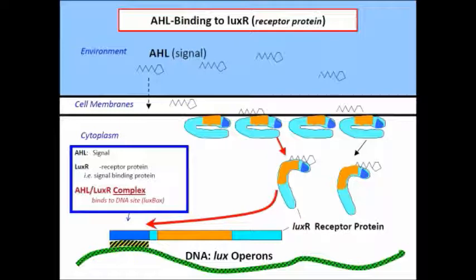And once the receptor proteins and AHL contact each other, they both change shape. And at this point, the protein then begins moving towards the DNA operon, where it attaches and begins activating the gene. And so this is a very straightforward example of how this works.